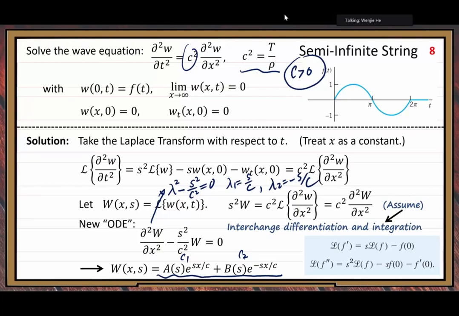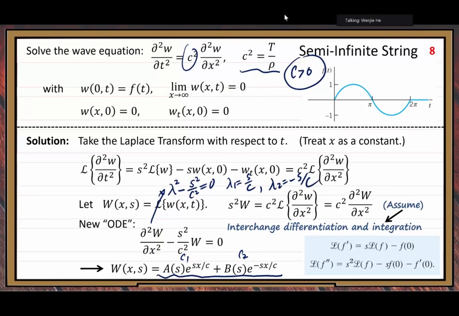So we need to do some adaptation here. The so-called constants are not really pure constants, so we need to adjust our thinking. We use capital A of s and capital B of s. These two unknown functions, we need to determine.